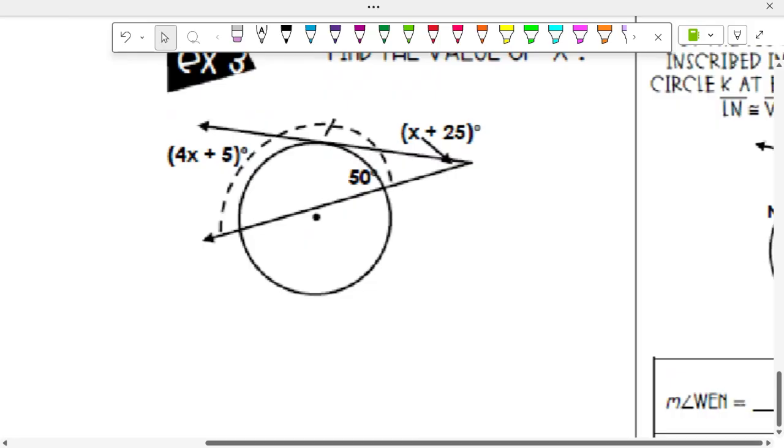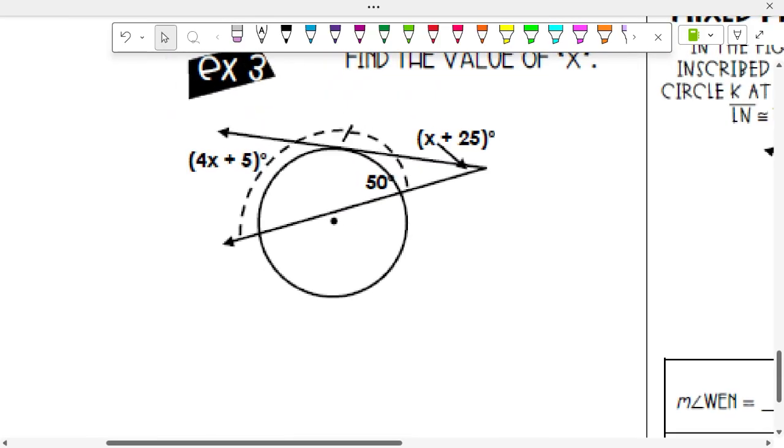So look at this one. Now, this one is a tangent secant combo. Still a beak though. It says to find the value of x. X is this angle right here. They said that the measure of this arc is 4x plus 5, and the measure of this arc is 50.